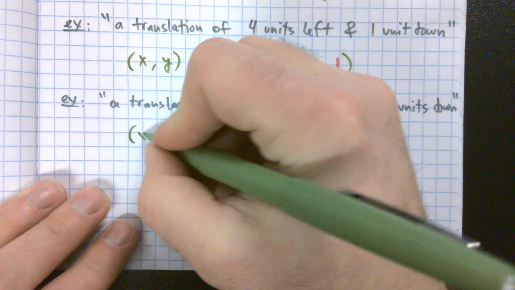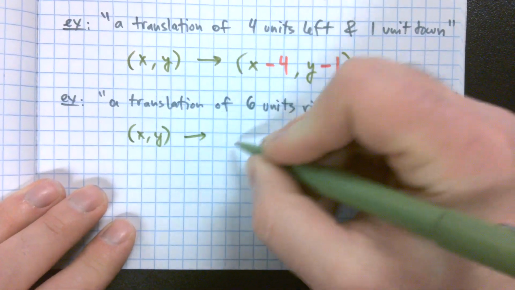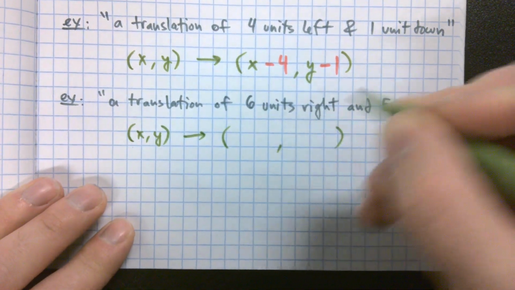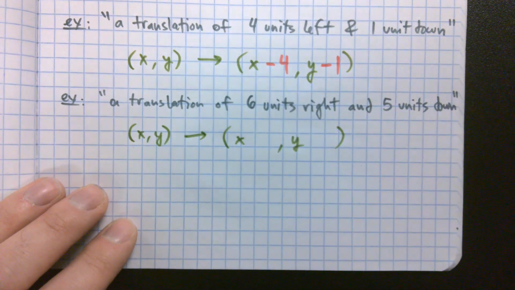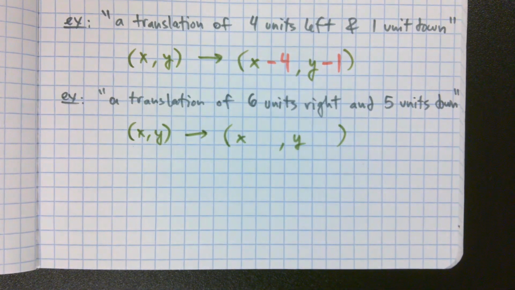We start with our x comma y. And while I'm passing out a little graph that we're going to be gluing in here in a second, see if you could write this rule on your own. 6 units right, 5 units down. What would that look like as a rule?